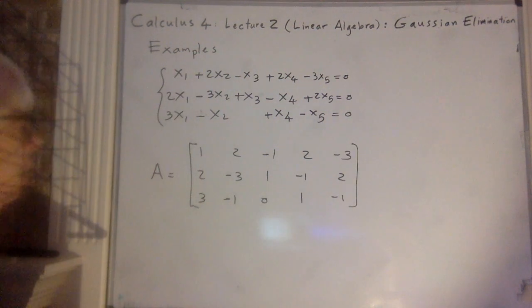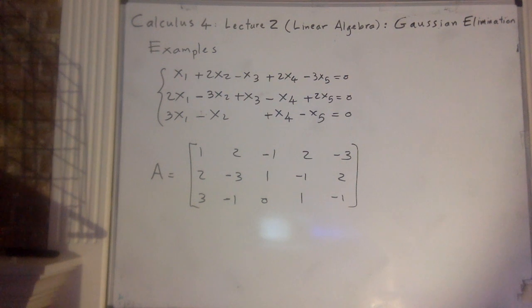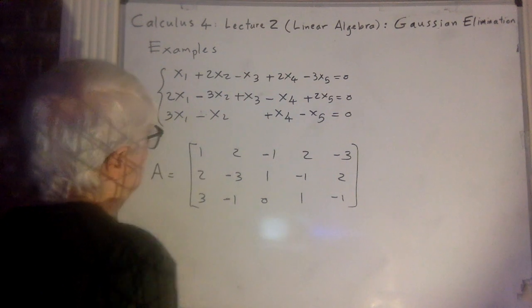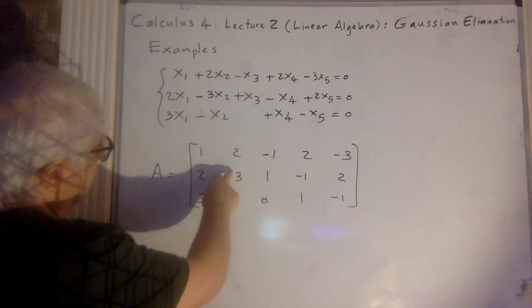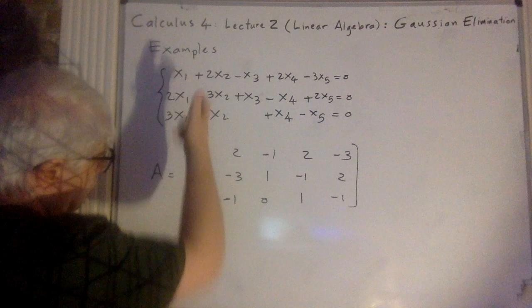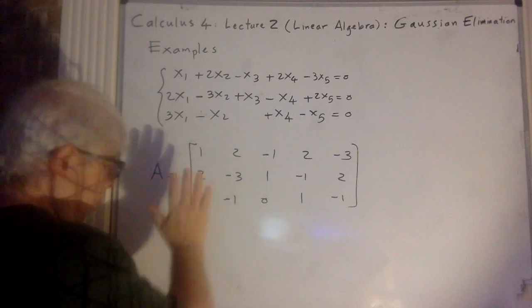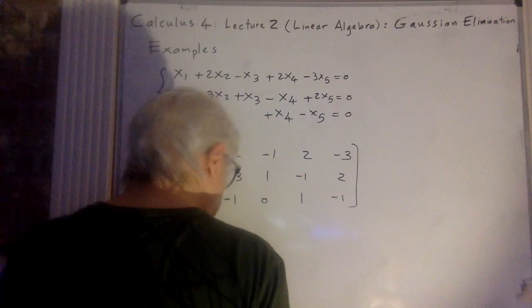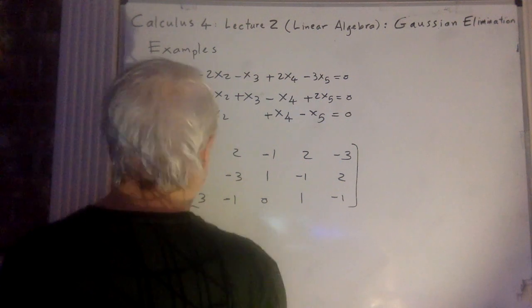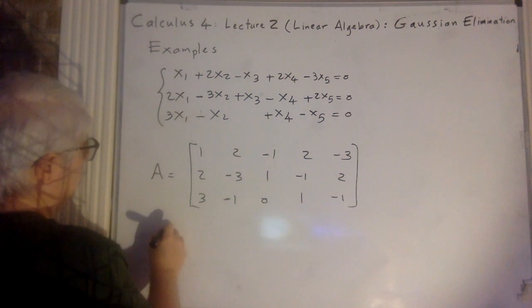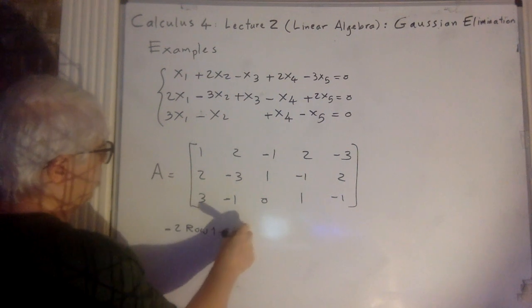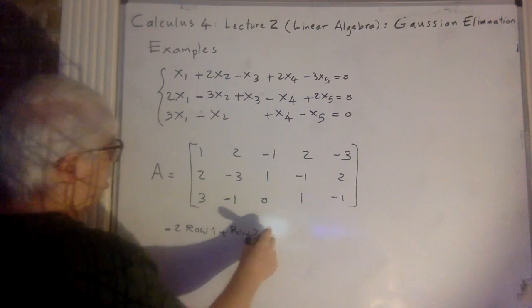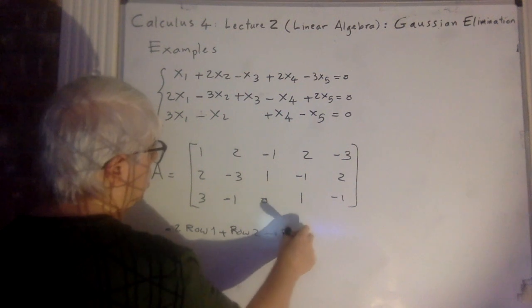Okay. So we have to use the reduction that we did. This and this should be 0, then this should be 0, and then we go up, if that is the case. So let me get rid of these two first. Minus 2 times row number 1 plus row number 2, and that goes into row number 2.